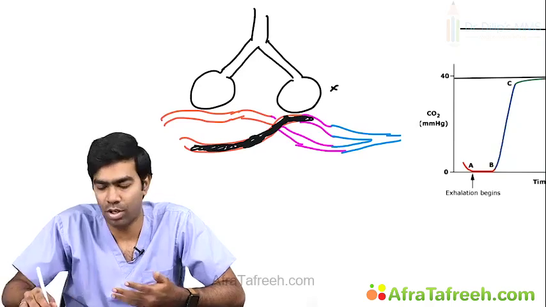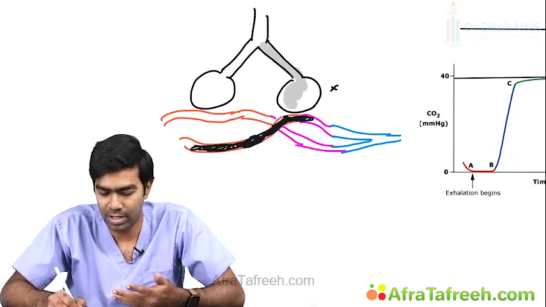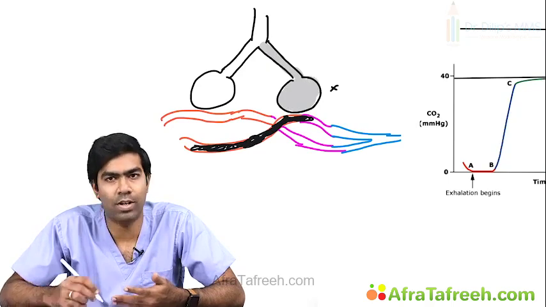For example, I told you that in the normal lung itself, we have VQ mismatches in different zones. That's what we refer to as the vascular waterfall model. In the zones of West, in zone number 1, that's the apical zone, we saw that the perfusion is very, very poor. So you can imagine this alveolus like a zone 1 alveolus, where there is no perfusion at all, which means the ventilation will be happening only for namesake.